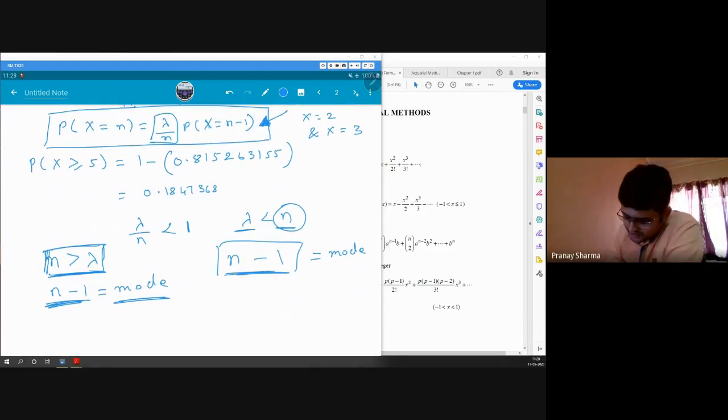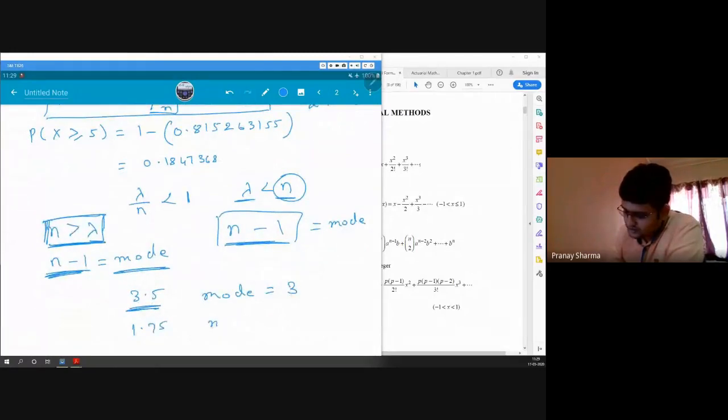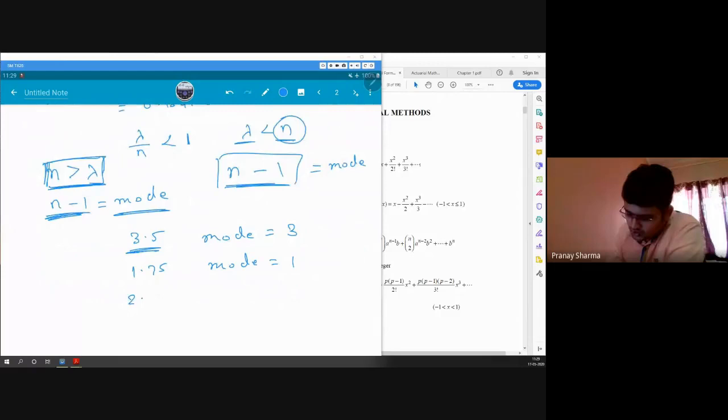So if lambda is 3.5, then our mode becomes 3. If our lambda is 1.75, our mode becomes 1. If lambda is 2.37, then our mode becomes 2. So we will not say it is lambda minus 1, because lambda can be a non-integer value as well.